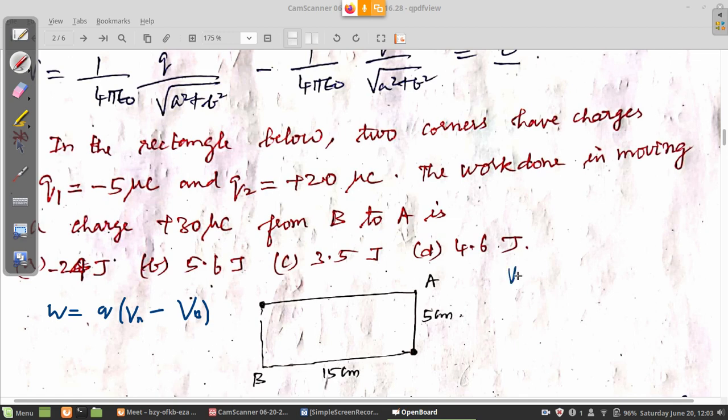So VA you can write as, how will you write VA? KQ for the charge at these 2 points.